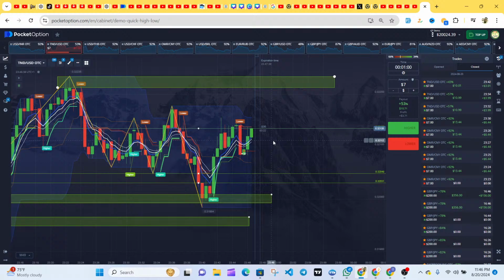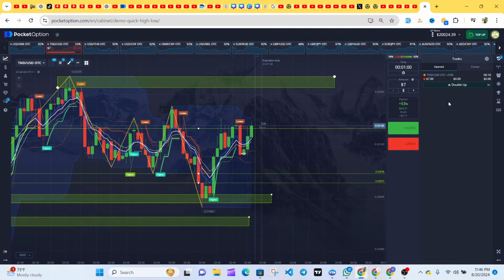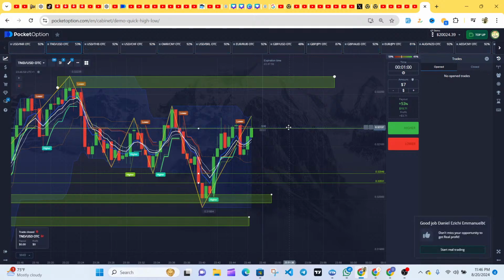This is 9 against 1. We have lost one trade. These have stretched to the maximum. Let's watch and see if it will reverse. We lost one trade.